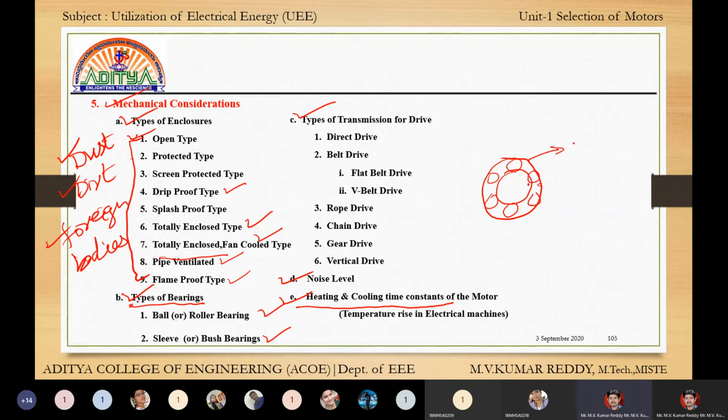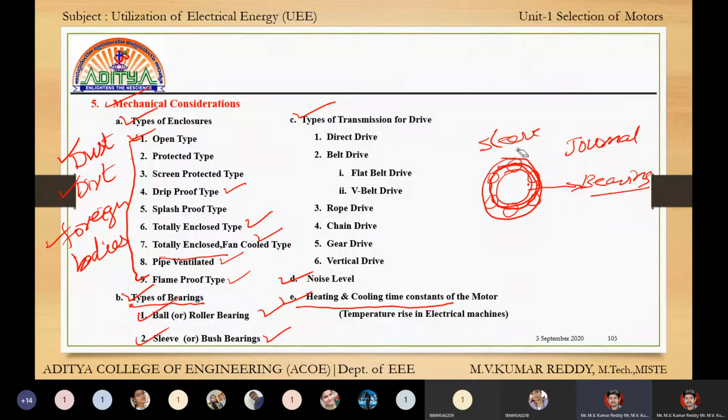This outer part is called journal, and the inner part is called bearing. In a ball bearing, in between we have balls. If these balls are absent, then it is called sleeve. Ball bearing and sleeve type.